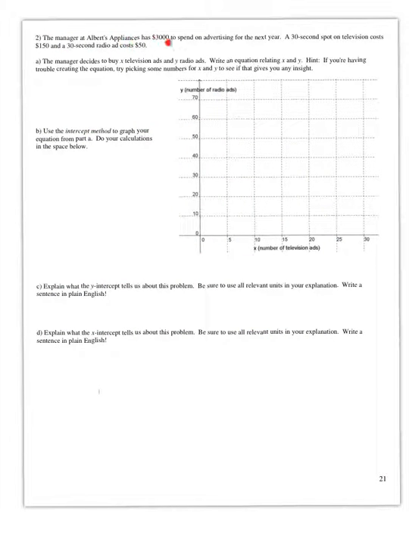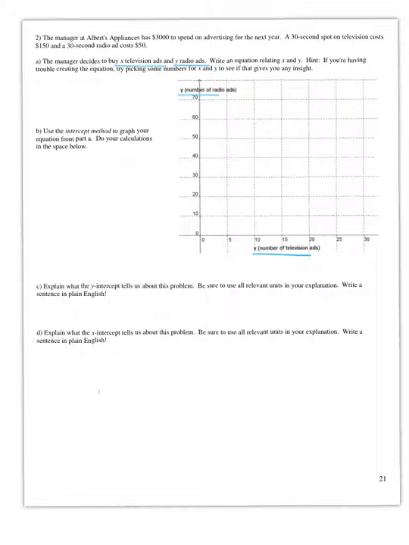Number 2, a manager at Albert's Appliance has $3,000 to spend on advertising. A 30-second spot on television costs $150, whereas a radio ad costs $50. The manager decides to buy X TV ads and Y radio ads. Write an equation relating X and Y. So X is our horizontal axis and Y our vertical.